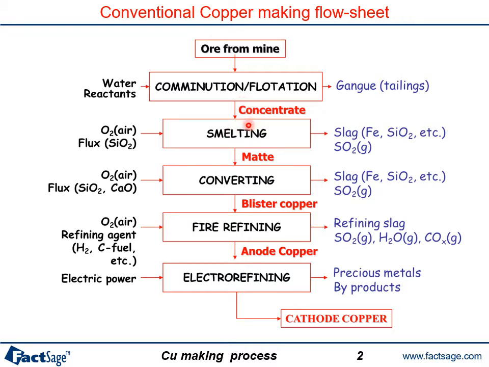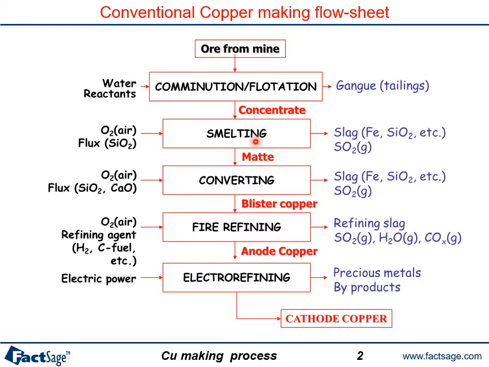Before this concentrate goes to the smelting process, we do the so-called roasting process in the middle here at around 600 degrees to 700 degrees Celsius. And this process is designed to remove the moisture from the concentrate and also partially oxidize the minerals, which can reduce the burden in the smelting process.